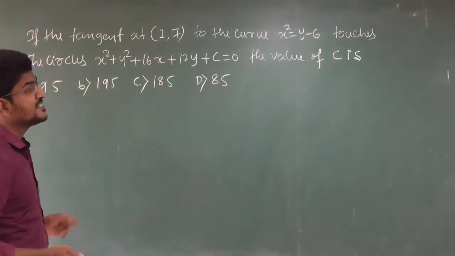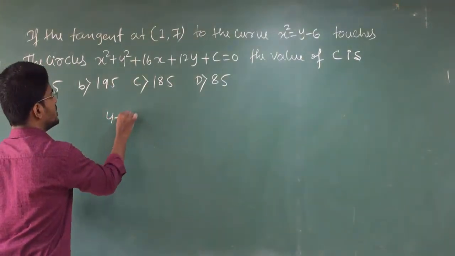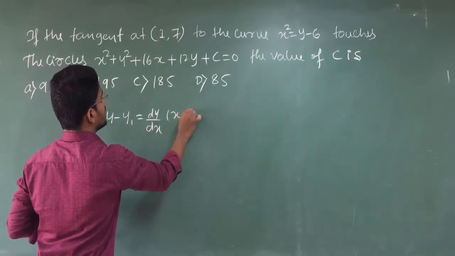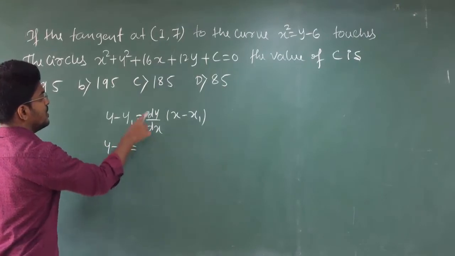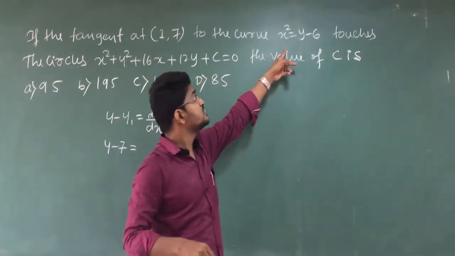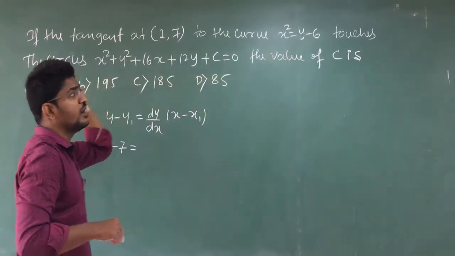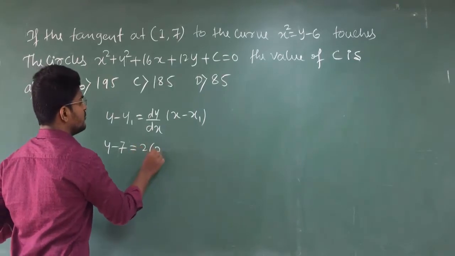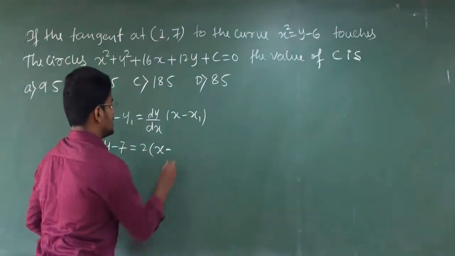So then what is the value of c they are asking? Okay. So first let us calculate the equation of tangent. What will be the equation of tangent? y minus y1 equals dy by dx into (x minus x1). Clear? So y1 is 7, and dy by dx, the differentiation of this term, is the slope of the tangent. If I differentiate it, 2x equal to dy by dx. So 2x is how much? 2. So 2 times (x minus x1), where x1 is 1.